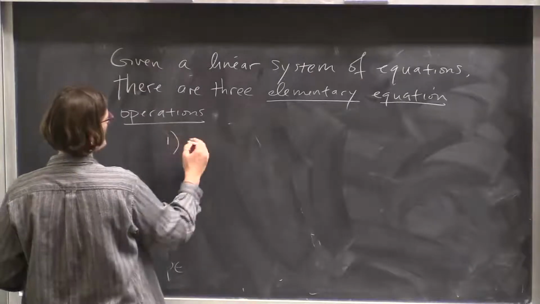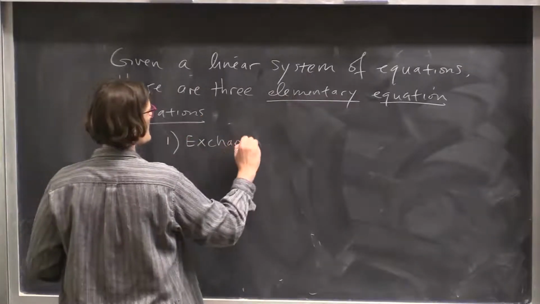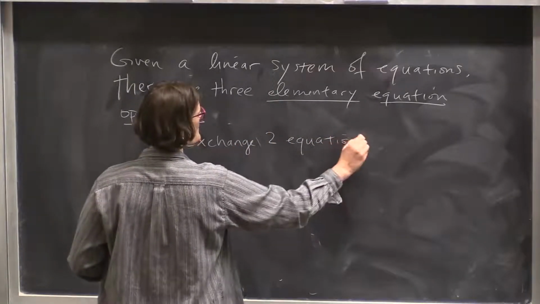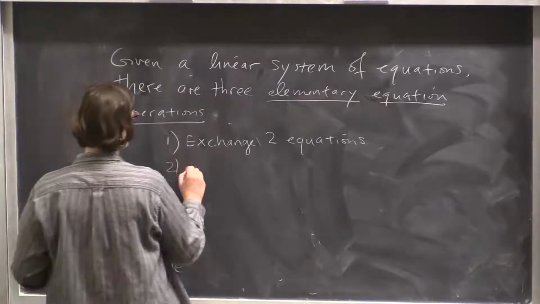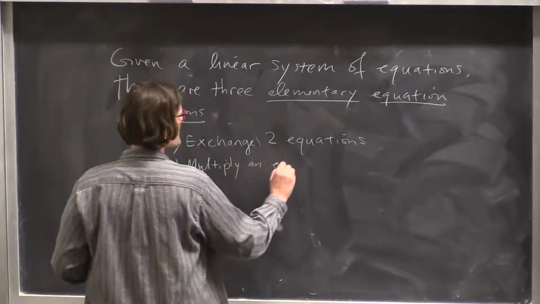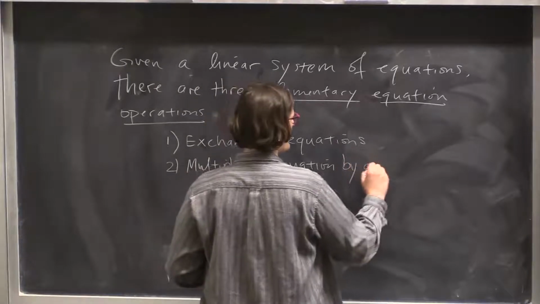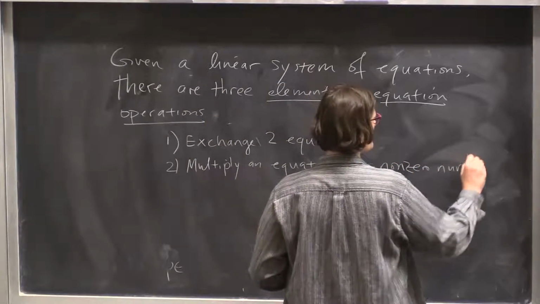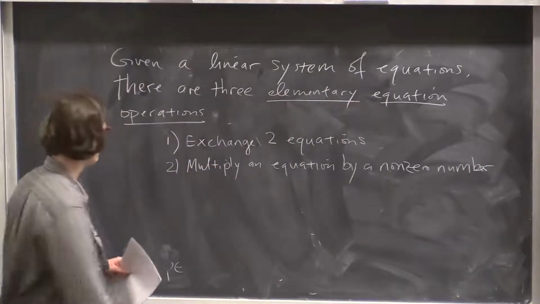The first one is exchange two equations. So swap the first equation with the third equation, for example. The second is multiply an equation by a non-zero number. So for example, multiply equation 2 by 25.